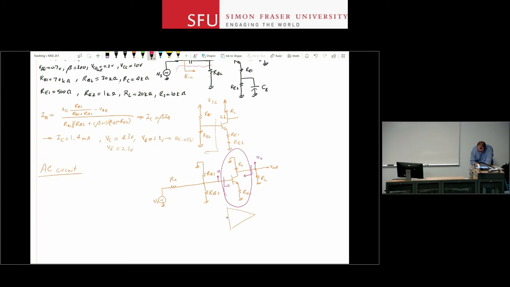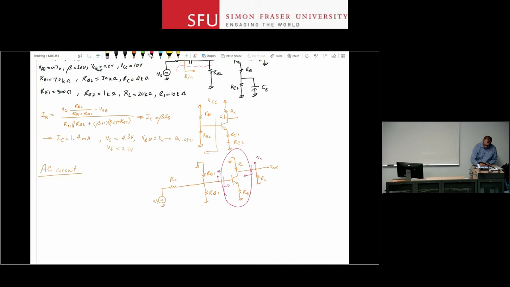So if I look at this part, I have some input resistance, some output resistance, and some voltage gain that I can calculate, and then attach that to the rest of the circuit. So the goal is to utilize what I know.